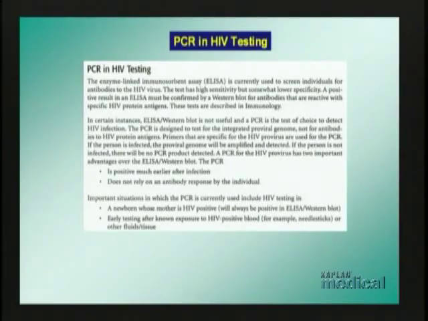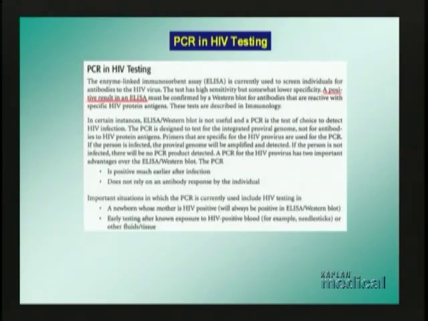Now another procedure in which PCR reactions are used is for HIV testing. If someone comes into the clinic and wants to be tested for HIV, the first technique that's generally used is ELISA assays.